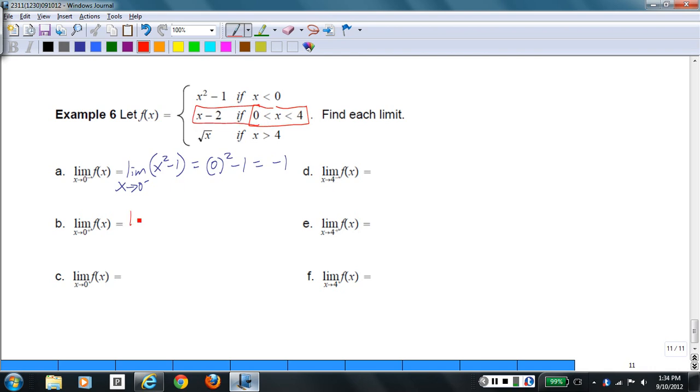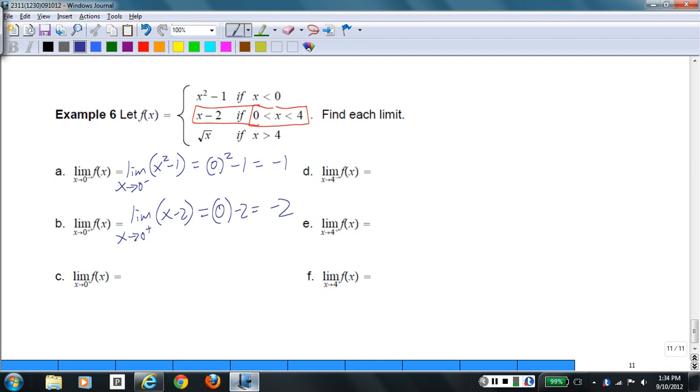So this is equal to the limit as x approaches 0 from the right of x minus 2. That's a polynomial, so we can evaluate this limit by direct substitution. Just plug in the 0, and that is equal to -2.